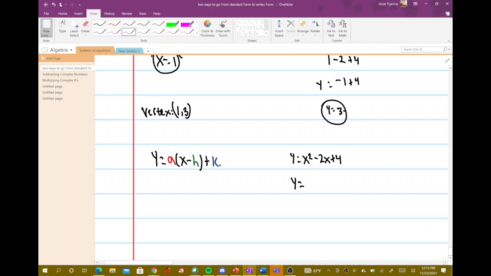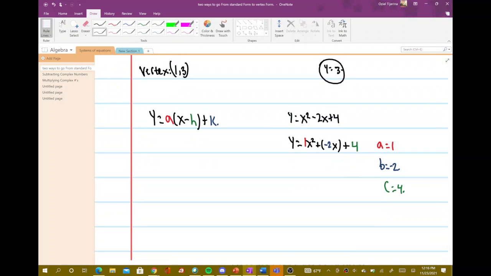So let me go ahead: 1x squared, and then minus 2x, so you can say plus -2x, and then plus 4. We know that a equals 1, b equals -2, and c equals 4.